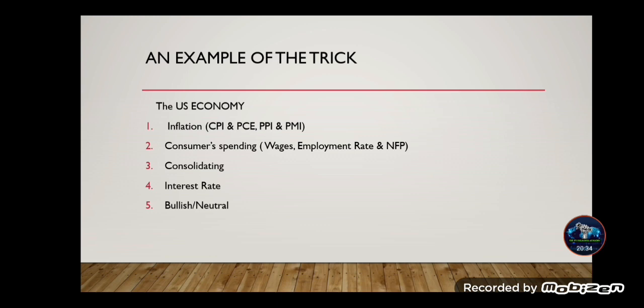On the consumer sector, we look at CPI and PCE. These 2 news releases show the amount of inflation. On the manufacturing part, we look at PPI and PMI. Are these 4 news releases increasing or decreasing?